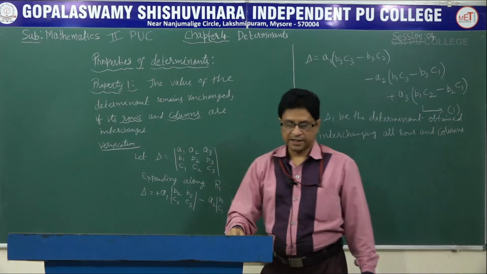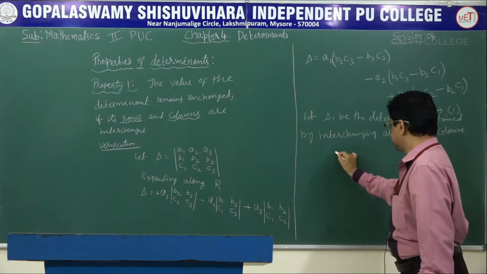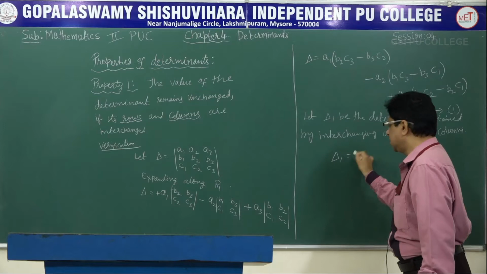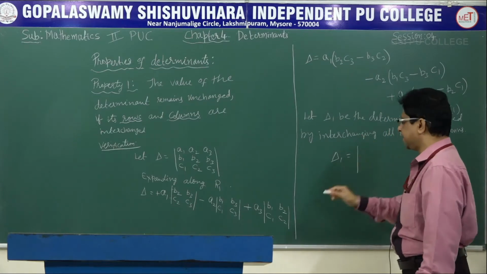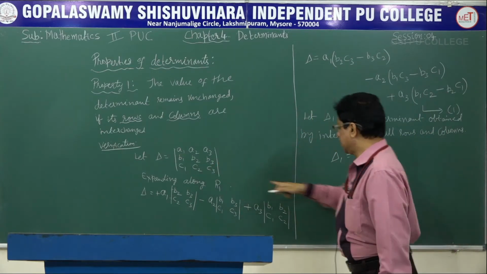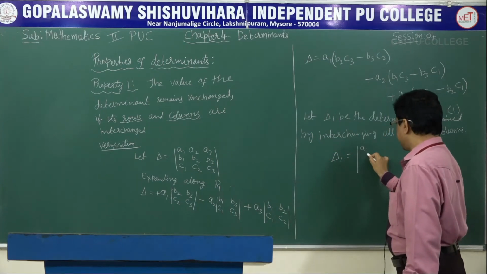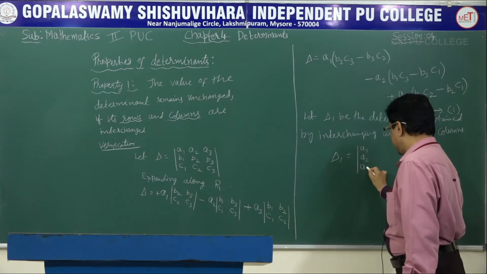So now delta 1 is equal to determinant of, so the first row here we write as first column A1, A2, A3.